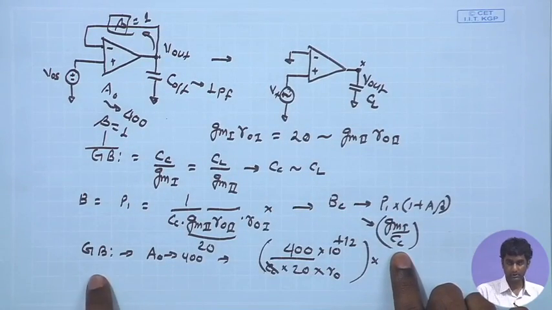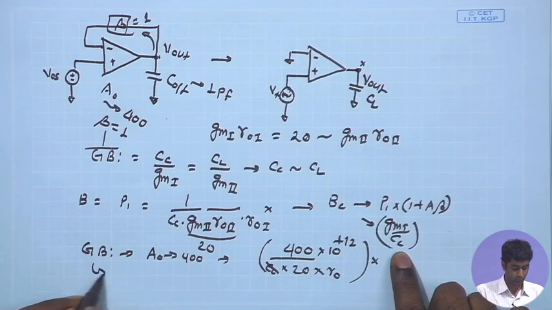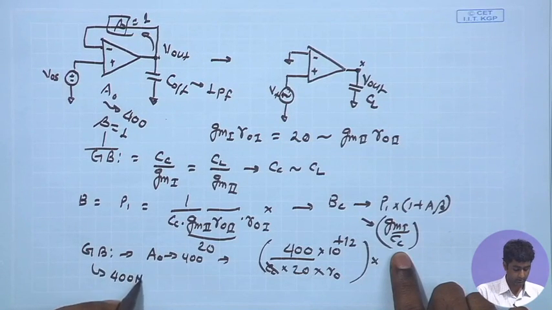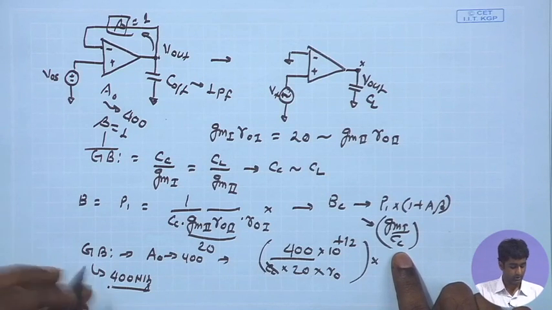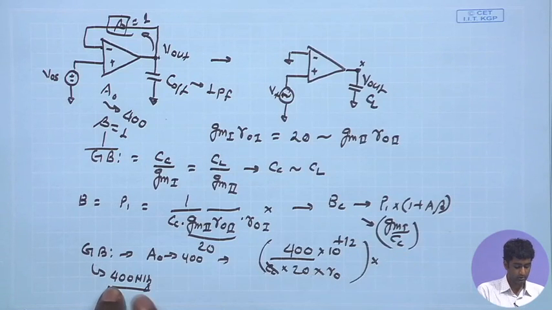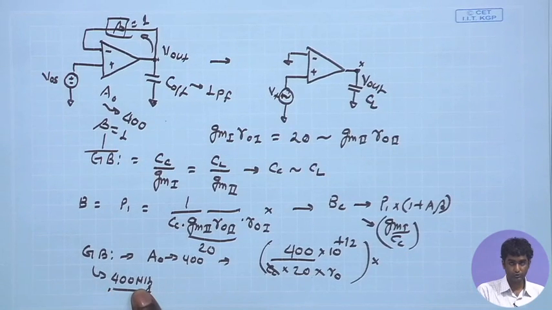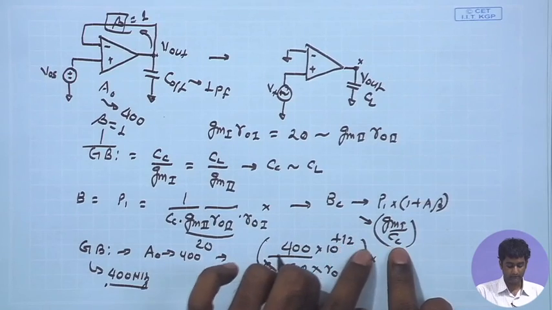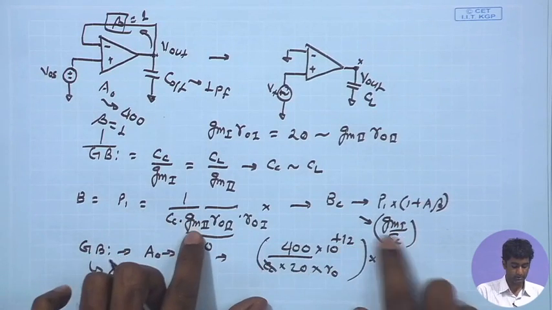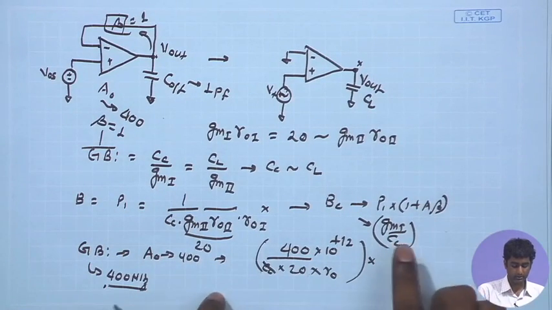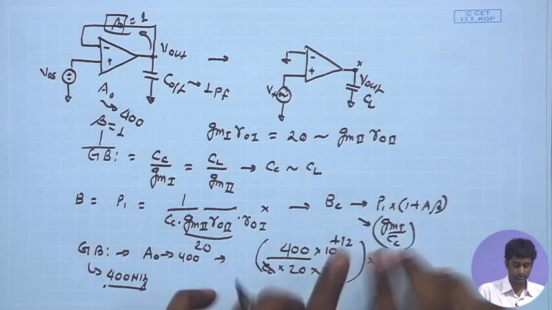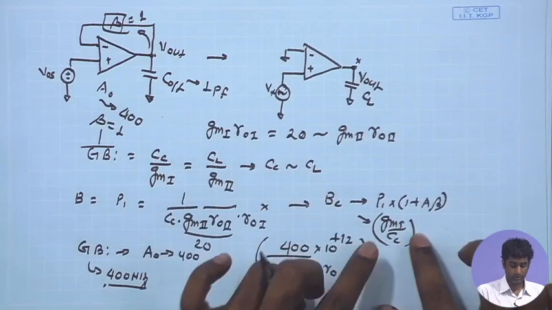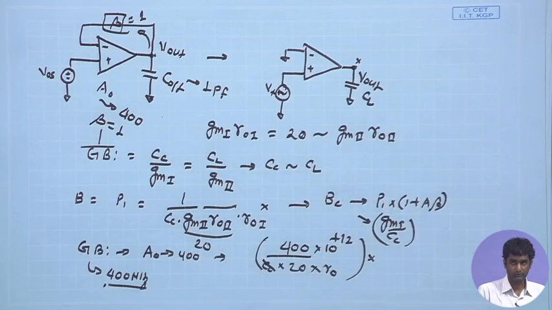Since our gain bandwidth product is around 400 megahertz, if you remember the discussion, our overall closed loop bandwidth, P1 times 1 plus A beta, is almost equal to this, and therefore it may not have a serious constraint with respect to the offset cancellation loop.